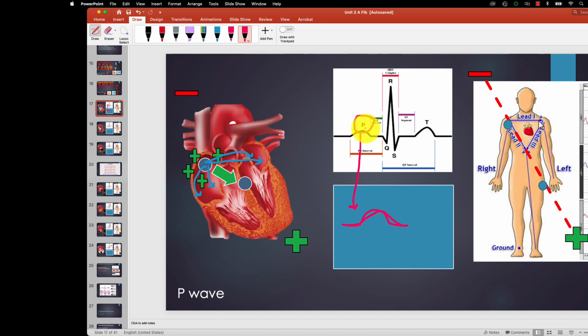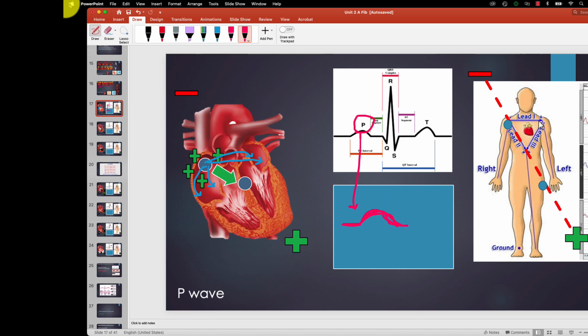So our P wave is indicating the SA node fired and the tissue that it stimulates was filled with positive ions and it contracted, right? So this indicates that the atria have been depolarized. All right. So in a healthy heart, we will have this upright deflection, kind of a small deflection, not a real big one, not as big as the R wave.